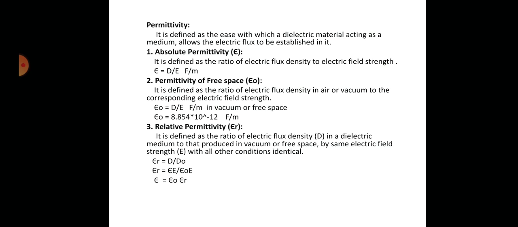It is defined as the ratio of electric flux density in a dielectric medium to that produced in a vacuum or free space by the same electric field strength E, with all other conditions identical. So epsilon r is D upon D0. Putting the values of D and D0, epsilon r equals epsilon E upon epsilon 0 E. So epsilon equals epsilon 0 epsilon r. For air, epsilon r is 1.